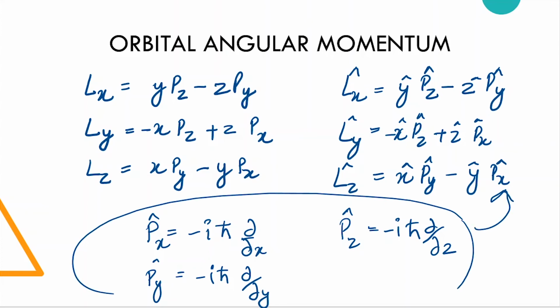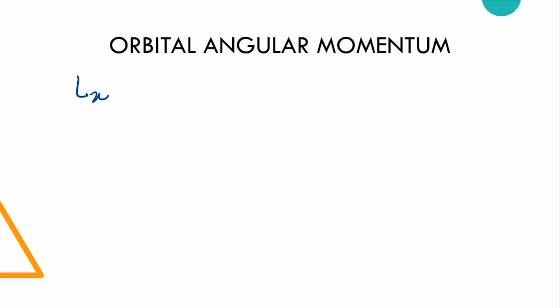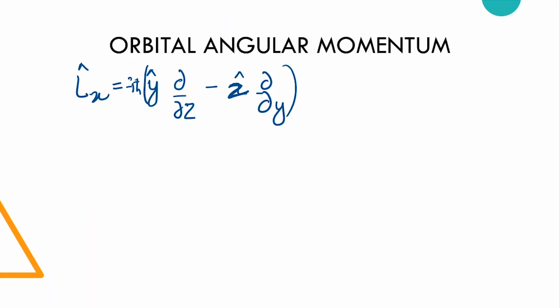So we get Lx operator is equal to minus iota h cross, which we take out, times y del by del z minus z del by del y.